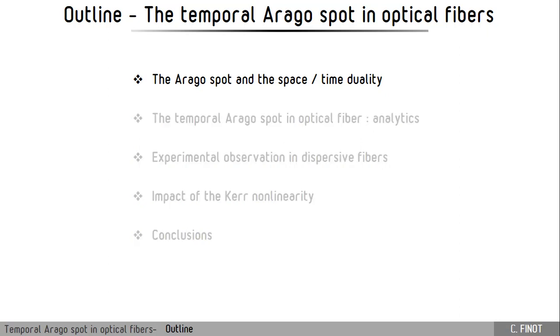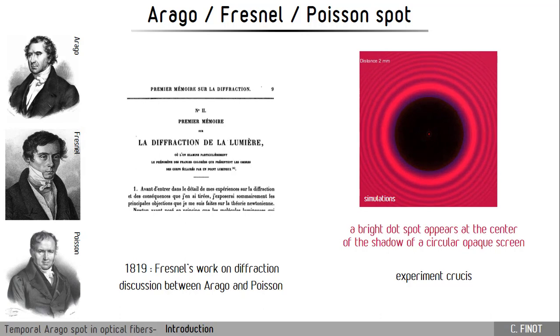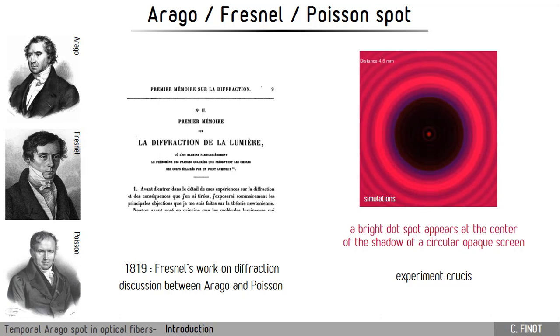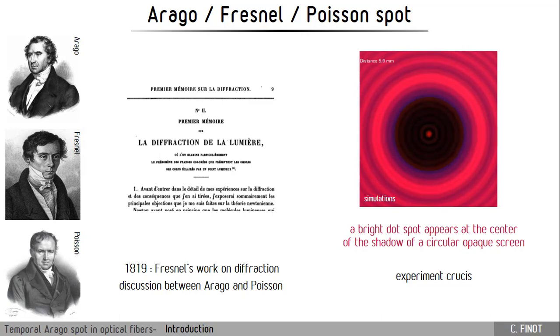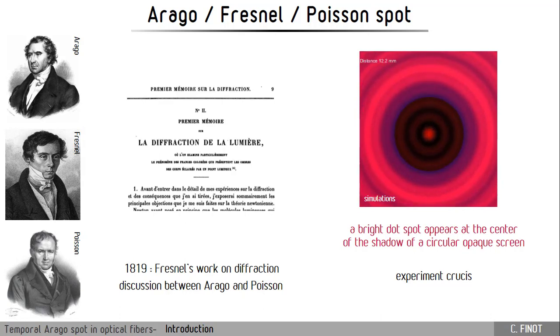So let us first recall what is the Arago spot. The Arago spot is closely linked to the Fresnel theory of diffraction. Indeed, when Fresnel presented his works about wave optics, there were very strong discussions between two French scientists, Arago and Poisson.